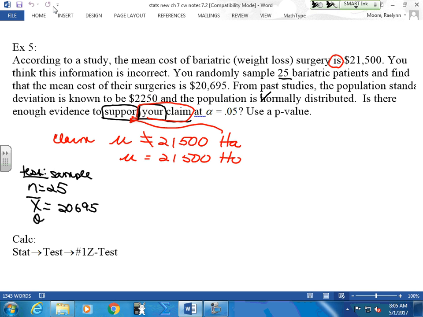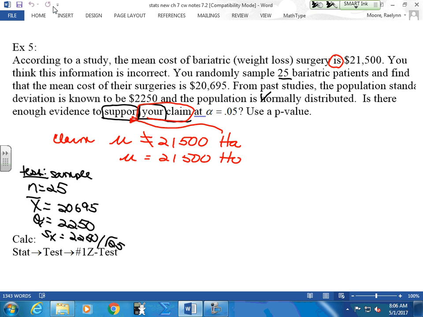Your population standard deviation from another study was 2250, because in this one, we have to know what the population is. And we're adjusting this for the central limit theorem. We're saying 2250 divided by the square root of 25. This is going to make my standard deviation a little smaller, a little narrower. It's going to give me a little bit more space in there.